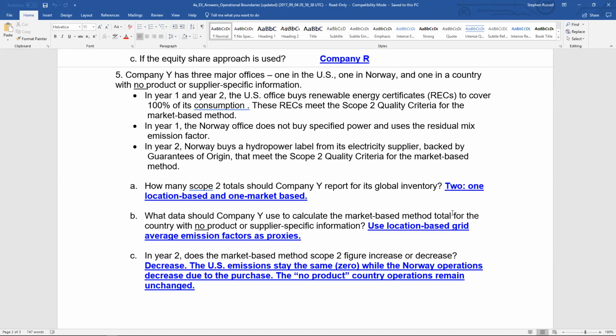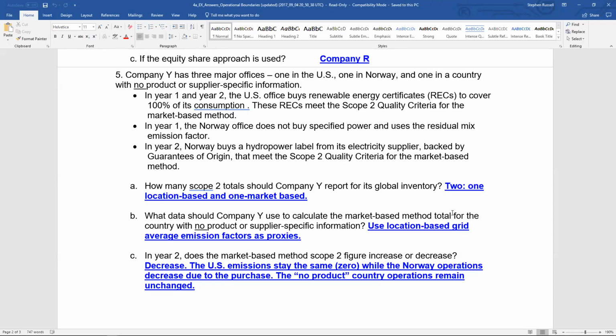It could use something called residual grid average factors, if they are available, or it could use standard grid average emission factors. Residual mix factors are essentially grid average emission factors with the emissions profile of purchased differentiated electricity products subtracted from them. And that subtraction is done to avoid double counting the emissions benefits of those purchased electricity products.